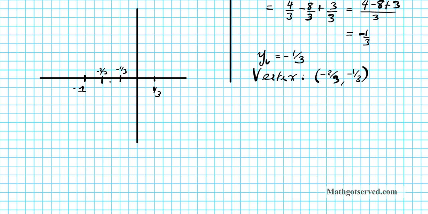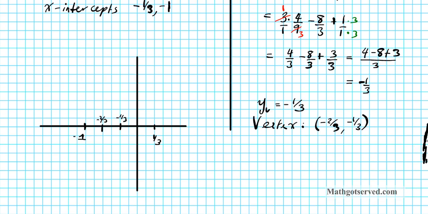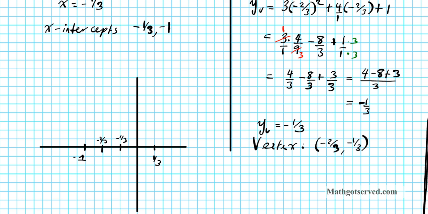Let's graph the x-intercepts first. So our x-intercepts are negative 1/3 and negative 1. Let's go ahead and graph that. I'm going to use green, so negative 1/3, and then negative 1, and then the vertex is negative 2/3 and negative 1/3.